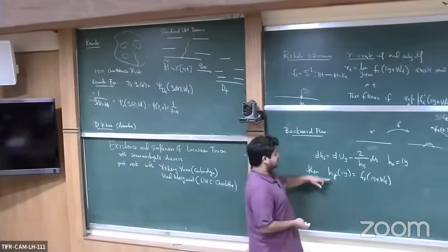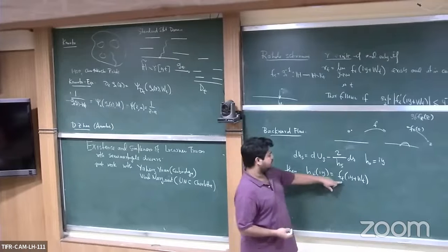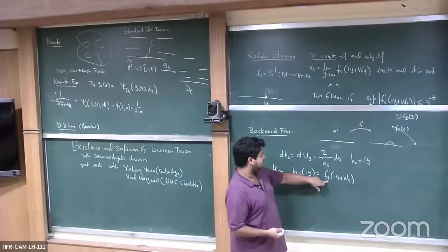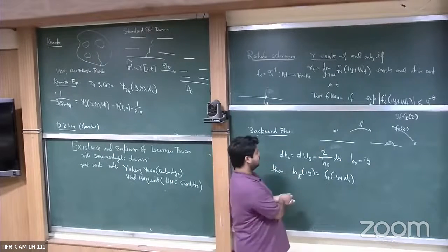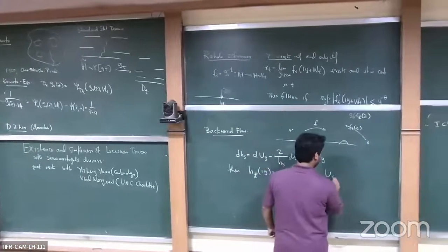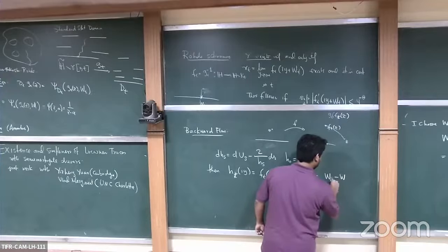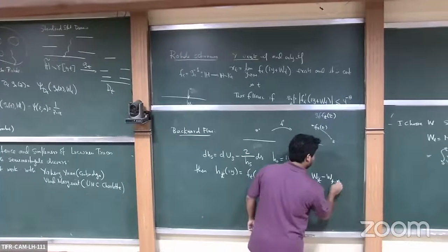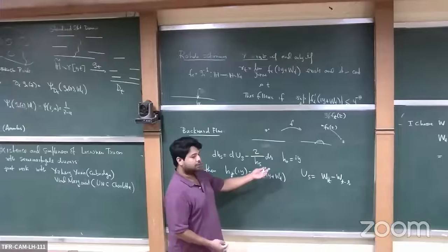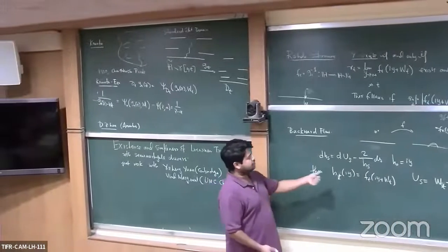So what this is really saying is that you can find this value by solving this equation, where U_s is the time reversal of the driving function. Because you are flowing in the backward direction, this is the reversed ODE.